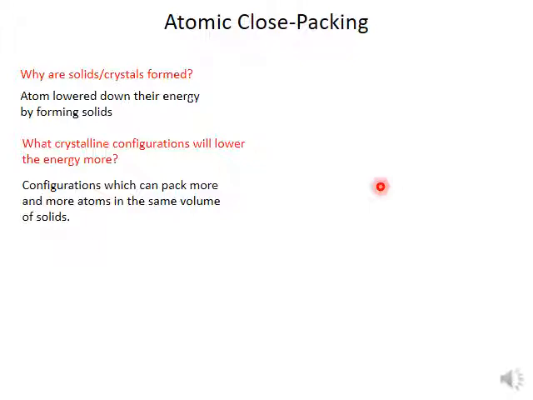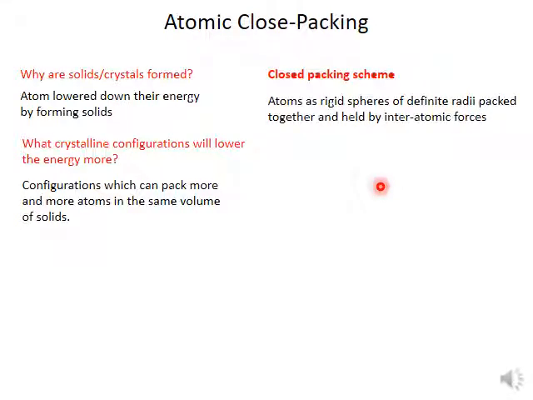What a close packing scheme does is treat atoms as rigid spheres of definite radii, packed together and held together by interatomic forces. Those interatomic forces are the bonds by which solids are formed, which can be ionic, covalent, or metallic, depending on the nature of the solid itself.